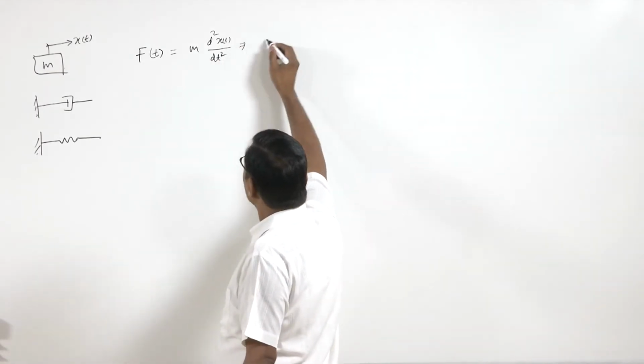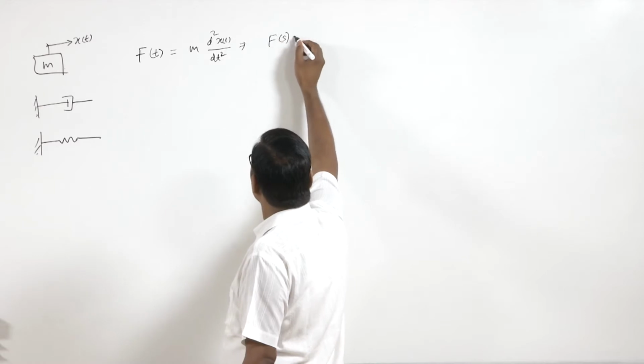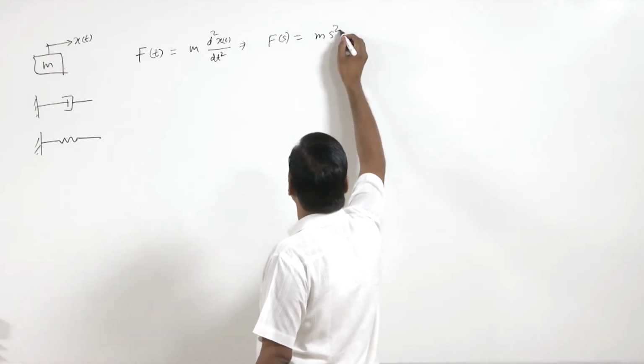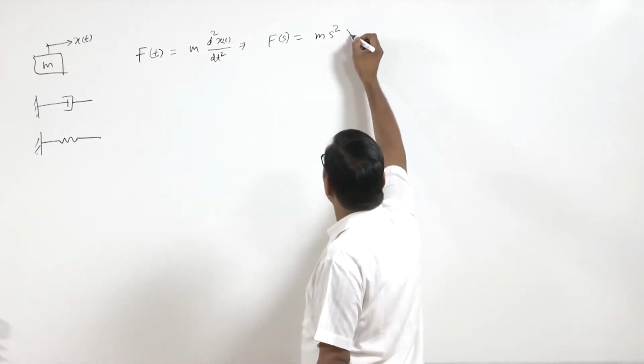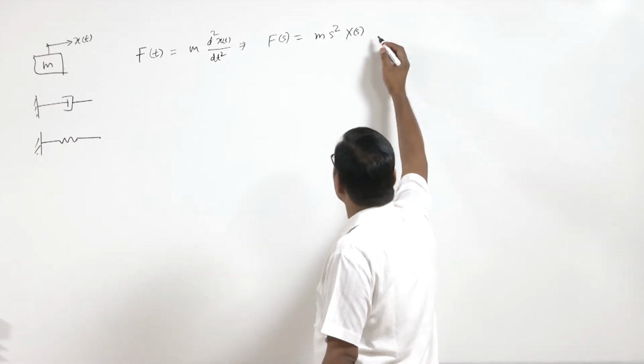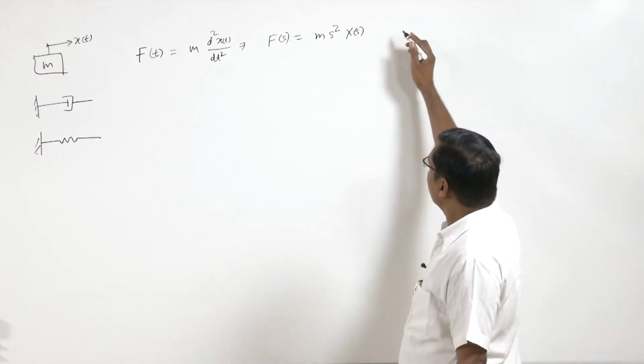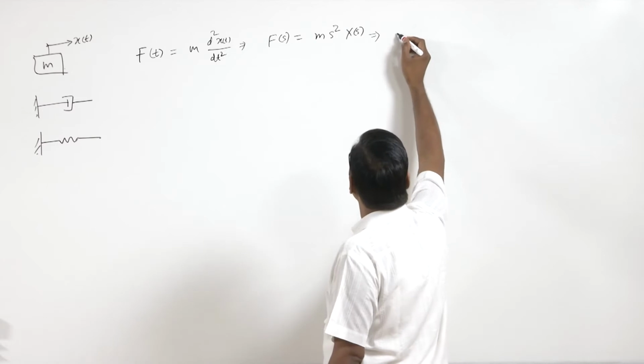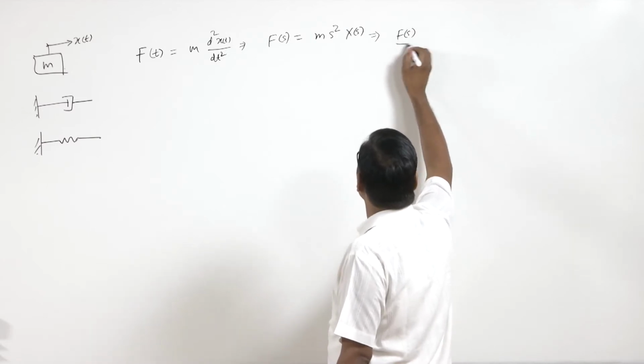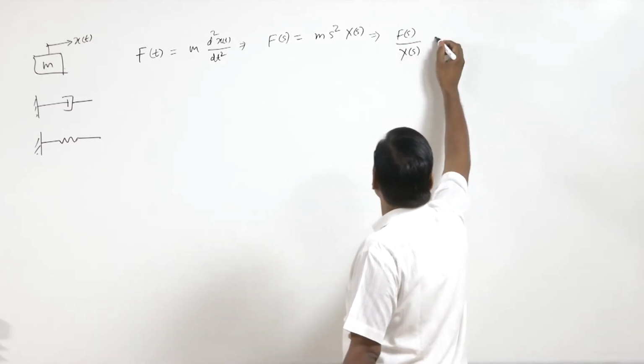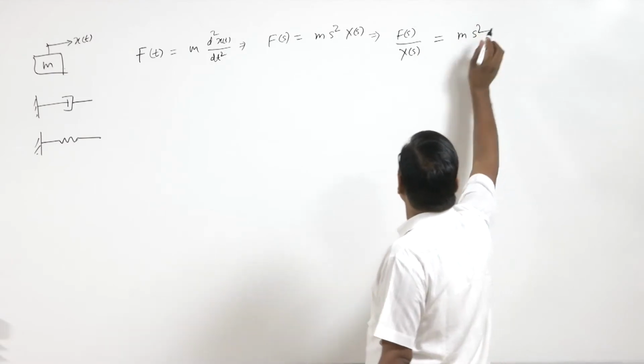So we take the Laplace transform: F(s) equals m s square into X(s), with initial conditions 0. The impedance is defined as F(s) by X(s), that is equal to m s square.